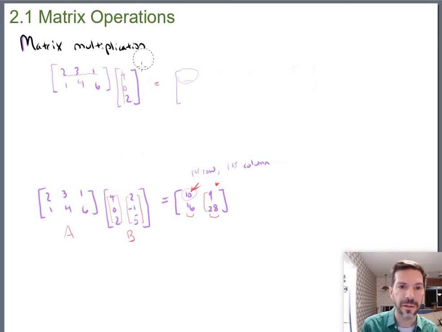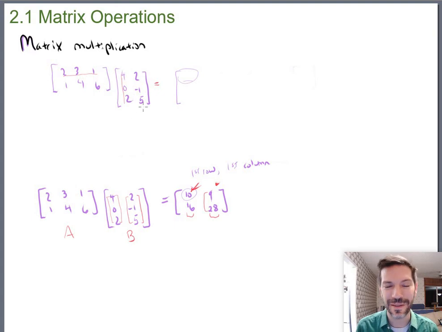Oh, I see I'm not doing the full problem here. Hold on. I'm trying to do the same problem, so let's get the second column on here. Let's get the 2, -1, 5. Okay, now we're doing the same problem. But the process doesn't change here.